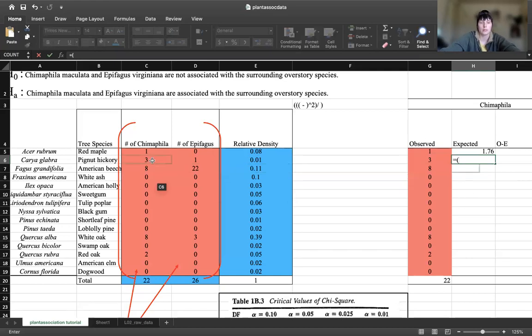One more time for pignut hickory, we're going to multiply the relative density by total observations. And we're just going to keep doing that for every single one of the species.